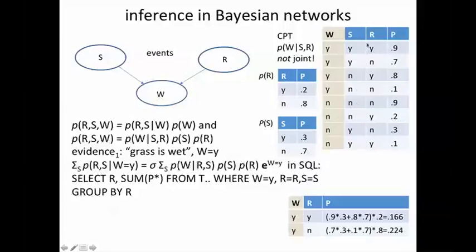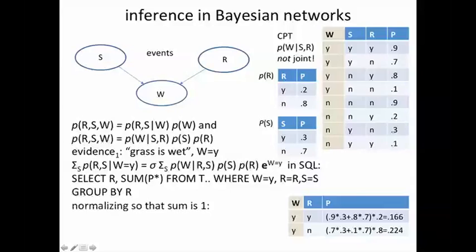Both of these are cases where rain equal to yes, so they're multiplied by 0.2 from this table, and we get 0.166. Similarly, in the case where rain equal to no, S equal to yes and W equal to yes, of course, 0.7 times 0.3, then we have 0.1 from this row, and S equal to no, so it's multiplied by 0.7, and of course both are the case where rain equal to no, so we multiply by 0.8. We get 0.224.